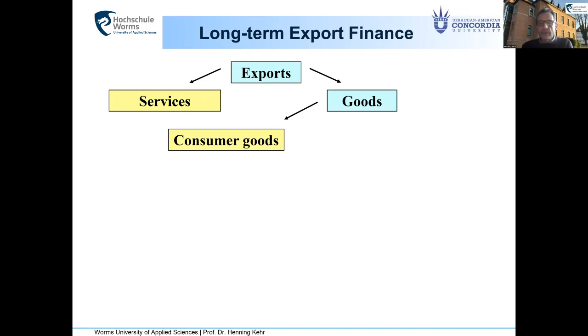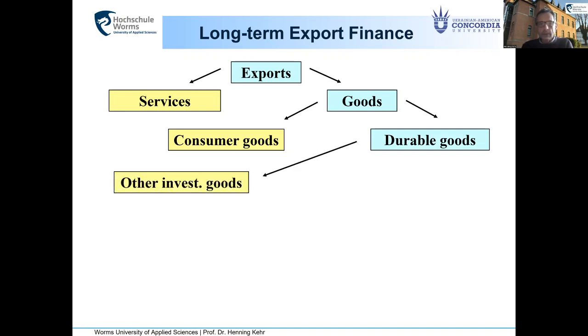They are used up or consumed, and the goods are not a security anymore for the loan. So therefore, durable goods, long-lasting goods. And here, typical goods are machines.